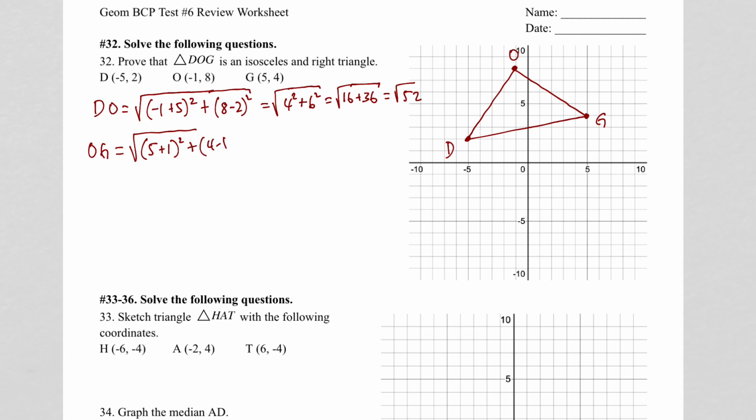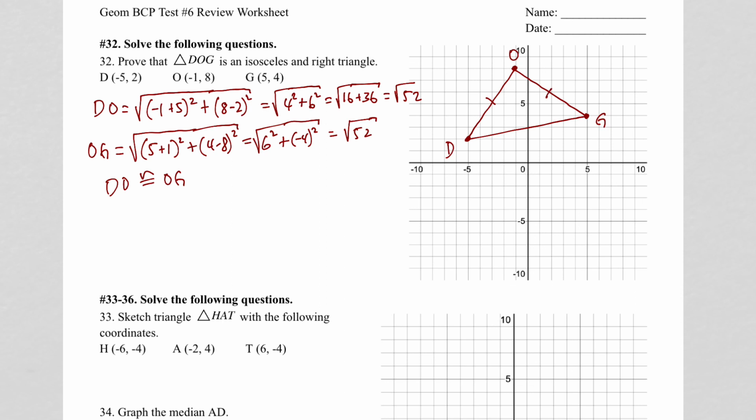So we have 4 minus 8 squared, which is the square root of 6 squared plus -4 squared, which we already know is 36 and 16, so this will be the square root of 52. I don't need to simplify it because I can see that these are the same. So we know that DO is congruent to OG. In other words, this is the same as this.